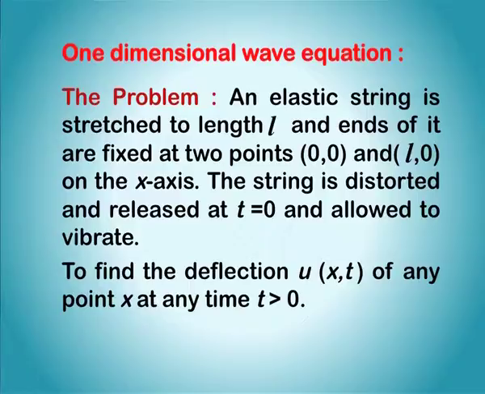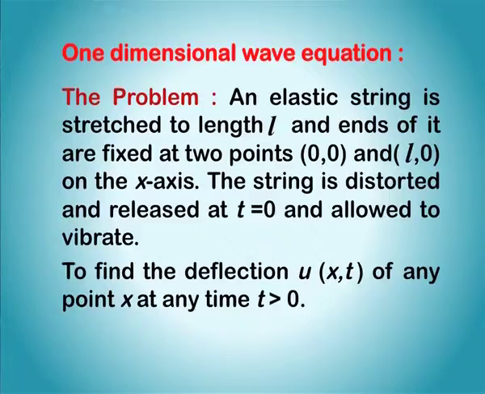An elastic string is stretched to length L, and the ends of it are fixed to 2 points. One is (0, 0), the fixed point origin, and another is (L, 0) on the x-axis, and therefore you can notice L is the abscissa of the second coordinate.